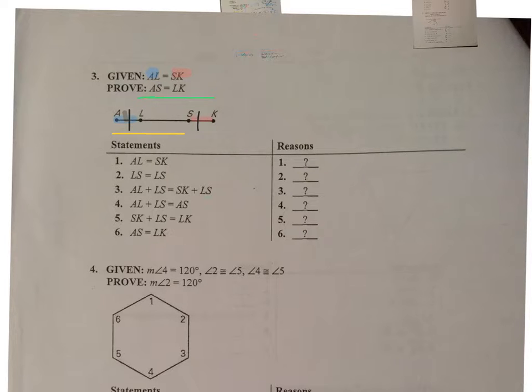We can do that. So first step is AL is equal to SK. Not surprisingly, the first thing that is provided is our given. Now, my next step says LS is equal to LS. All right, well, that makes sense because that's what we were thinking when we were looking at this. The middle piece is the same length as itself, the reflexive property.